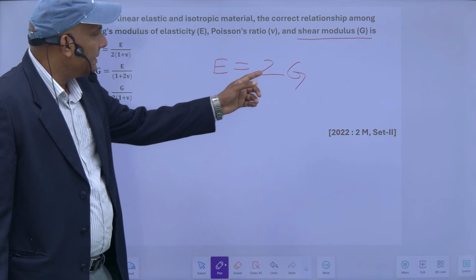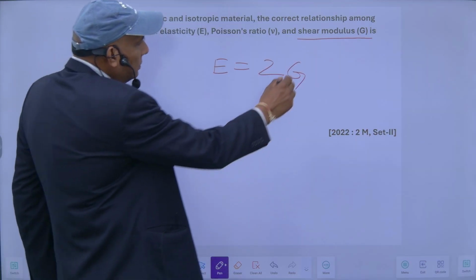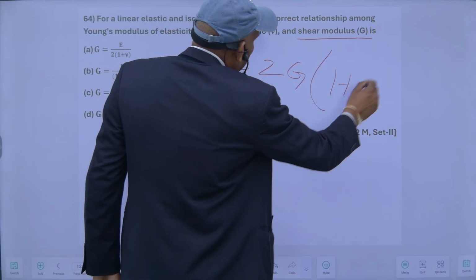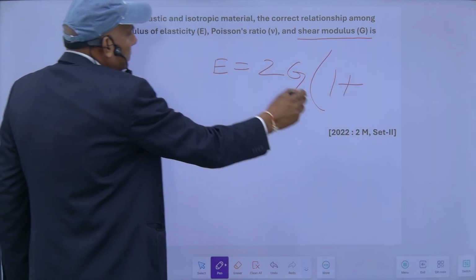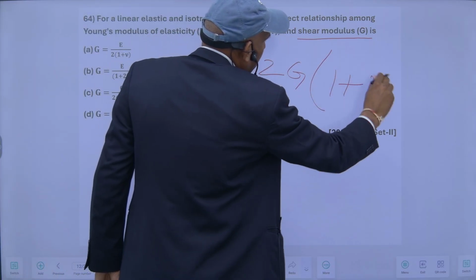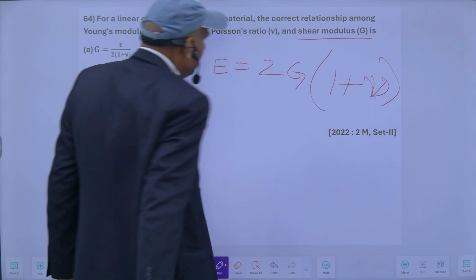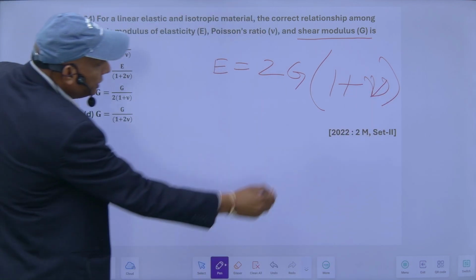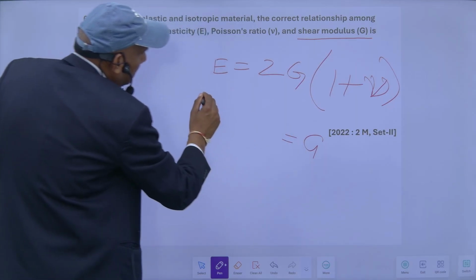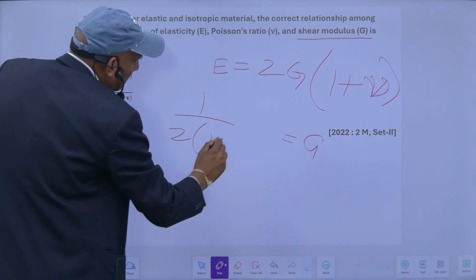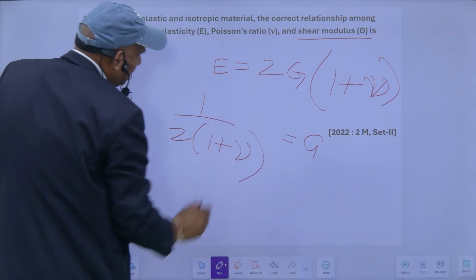So E is equal to 2G shear modulus into 1 plus mu. So this is the formula.